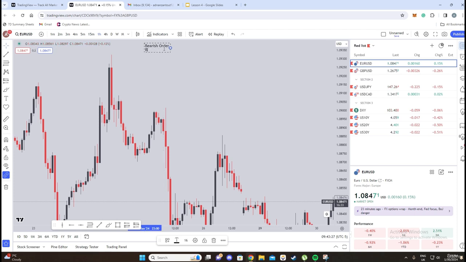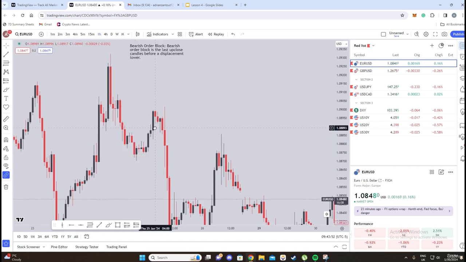Bearish order block is the last up close candle before a displacement lower. So in this displacement, what is the last up close candle? It would be right here. And price has a tendency to respect this bearish order block, and if the market bias is really bearish, when price trades back up into this order block, it should trade lower.